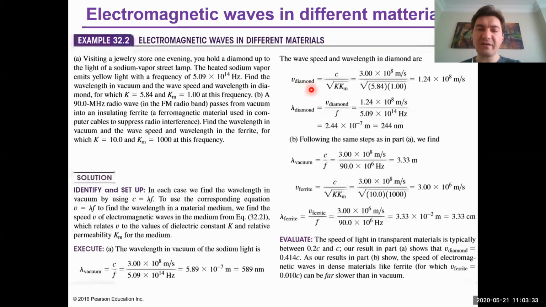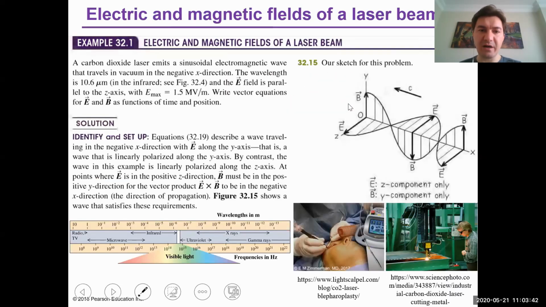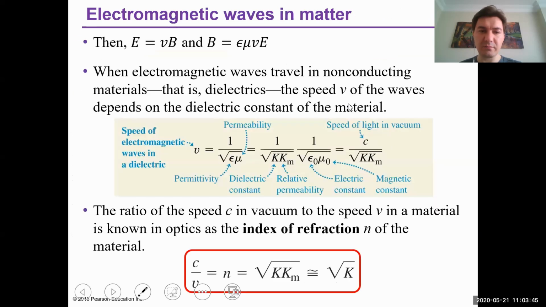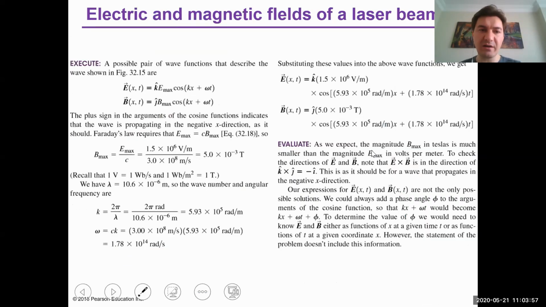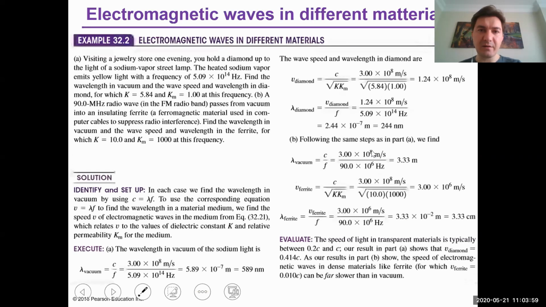So what is the speed of light in diamond? Then we can calculate it like this by using that formula: speed of electromagnetic wave in matter, speed of electromagnetic wave in vacuum, and we have those constants.